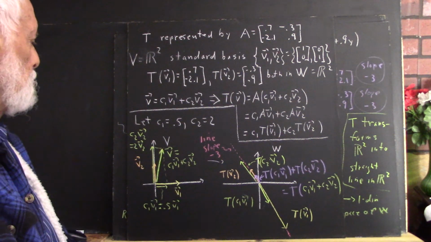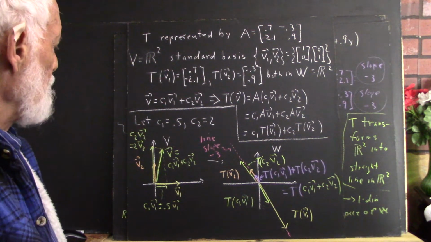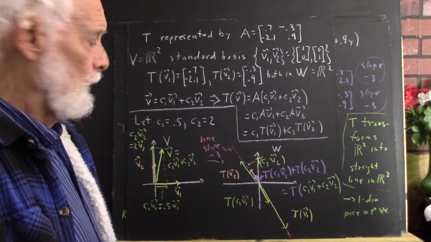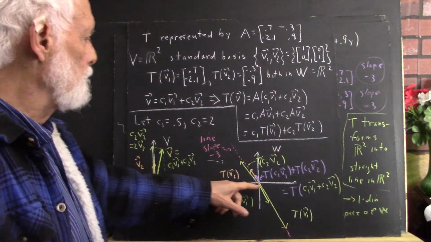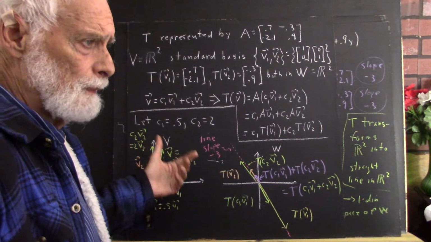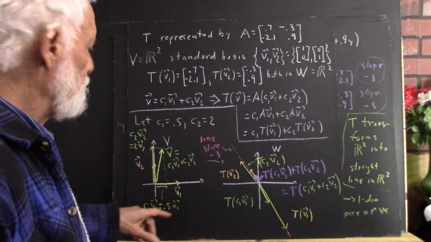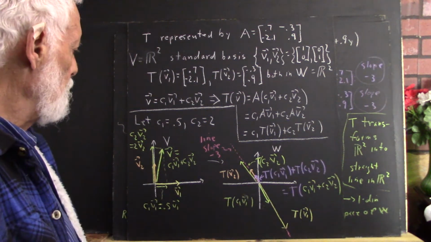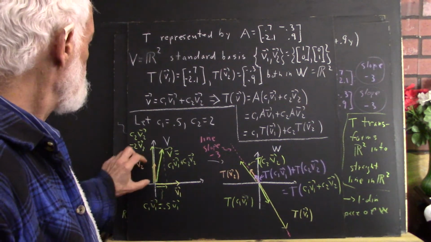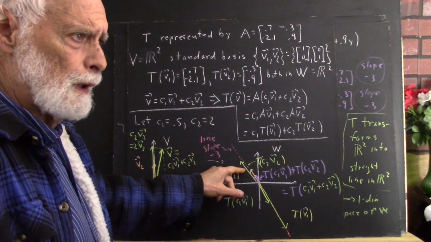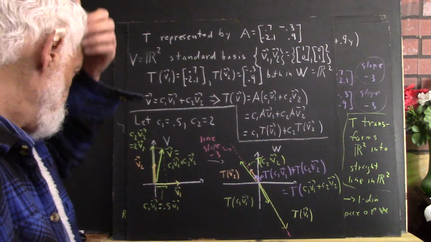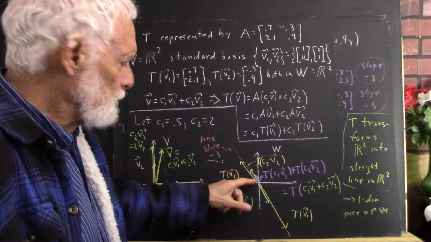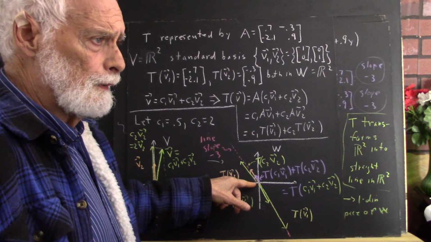The other thing is we note that when we transform V1 we get a much longer vector. When we transform V2 we get a slightly shorter vector. Okay? In other words, the transform of V1 is significantly longer than V1, over twice as long. Transform vector V2 is not quite as long as V2. If we transform the sum of these two vectors, we get a pretty short vector.